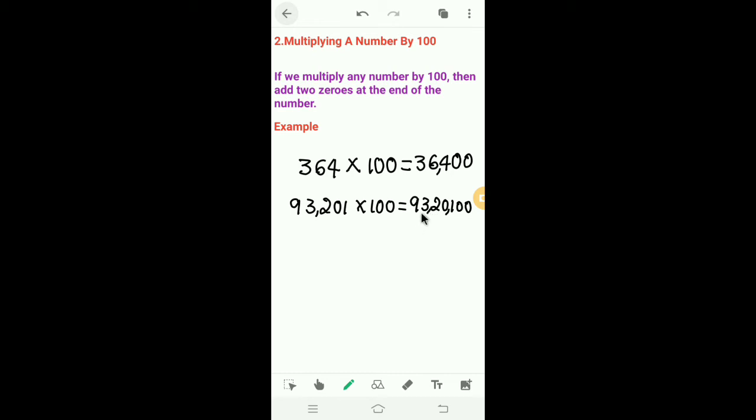So the answer is 93,20,100. If we multiply any number by 100, then add two zeros at the end of the number.